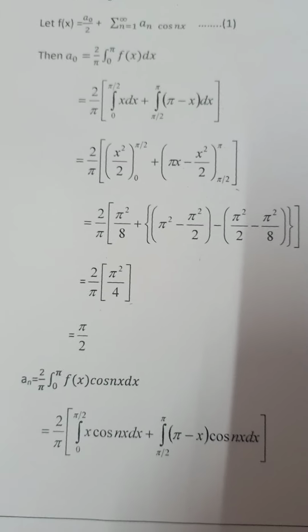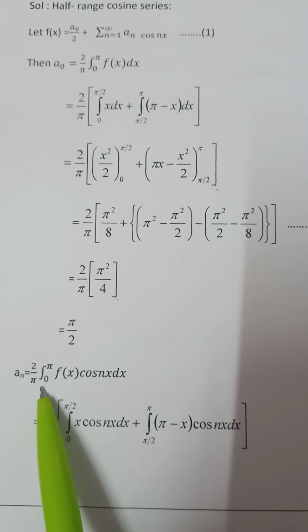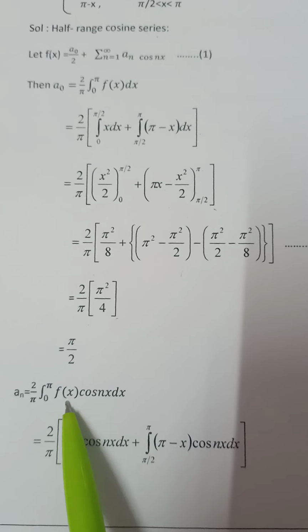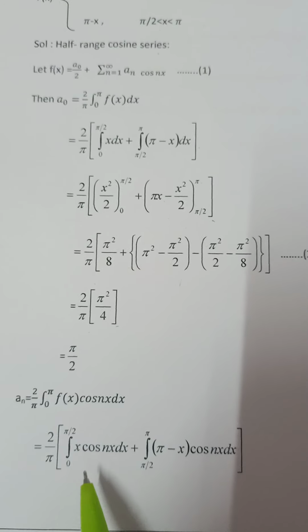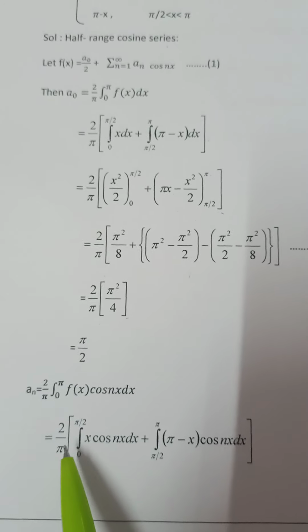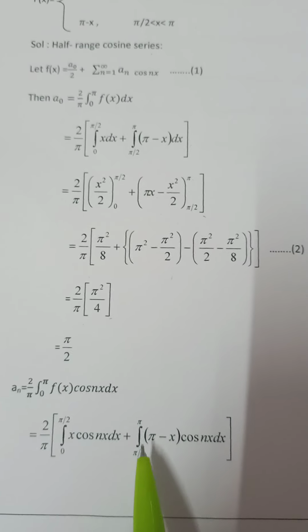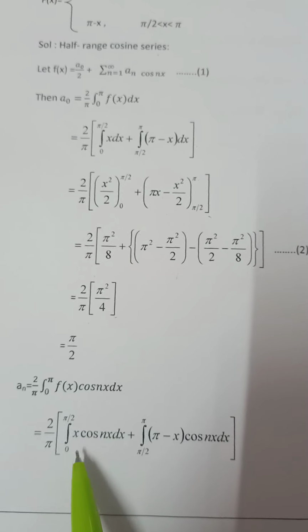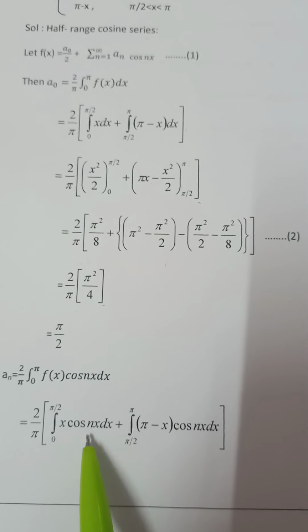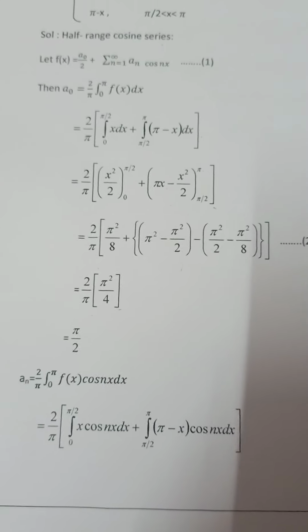Now a n is given by the formula 2 upon pi integral 0 to pi f of x cos nx dx. Again you substitute here the value of f of x. The range is divided again into two parts, 0 to pi by 2 and pi by 2 to pi. Between 0 and pi by 2 the function is x, and between pi by 2 and pi the function is pi minus x.